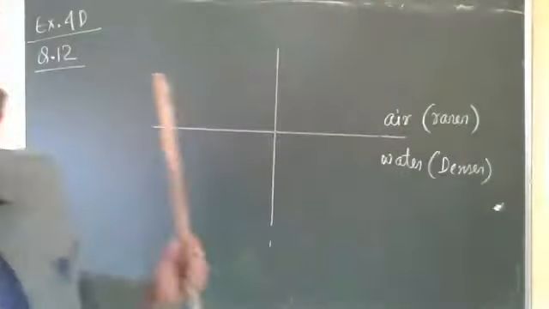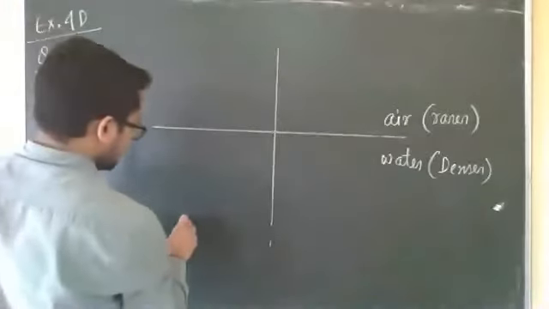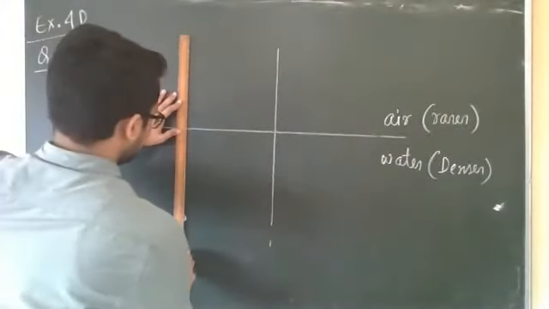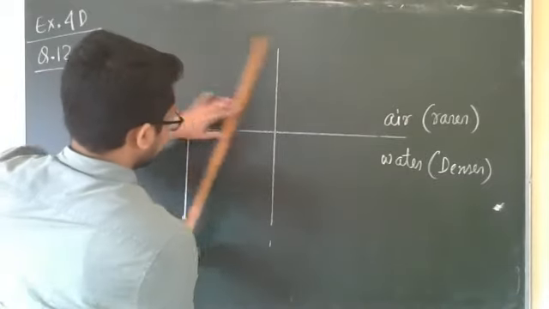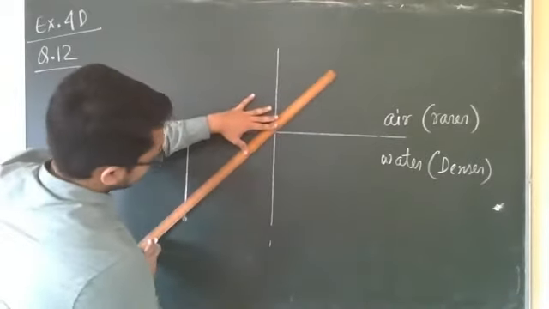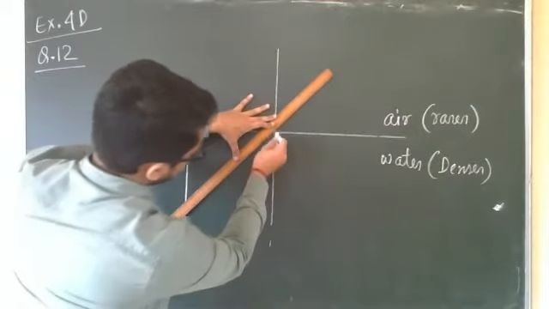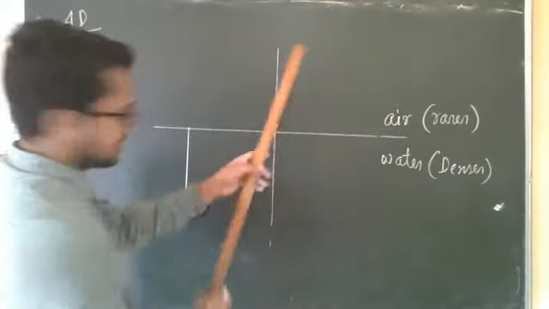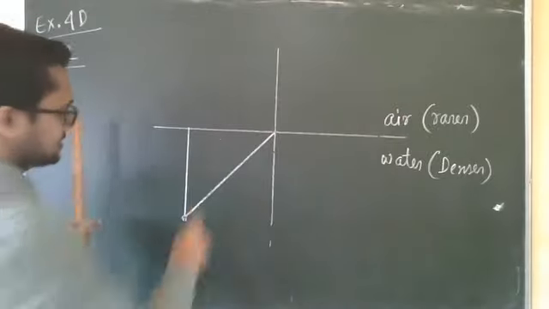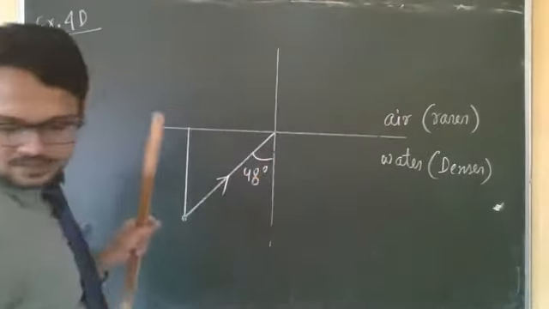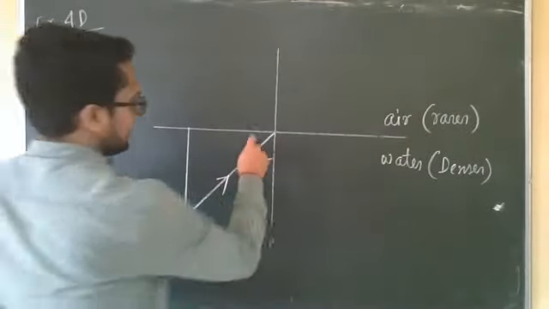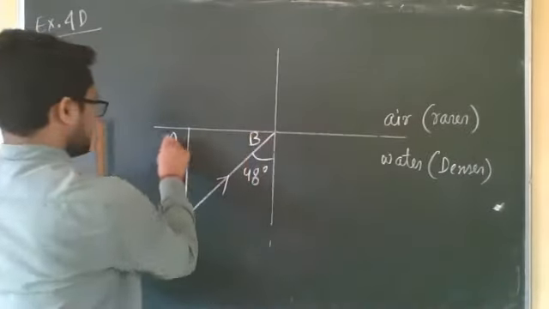Suppose from this point, one light is going along the normal, and another light is going at this angle. The angle of incidence is given as 48 degrees. This is the B ray, this is the A ray.